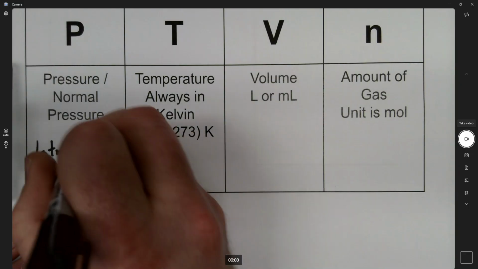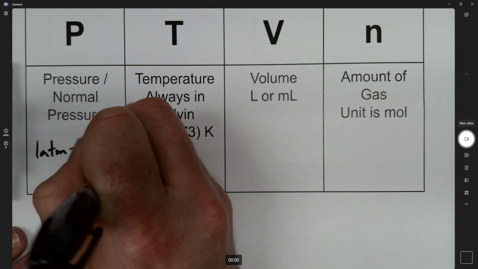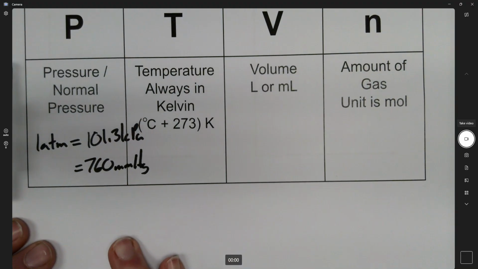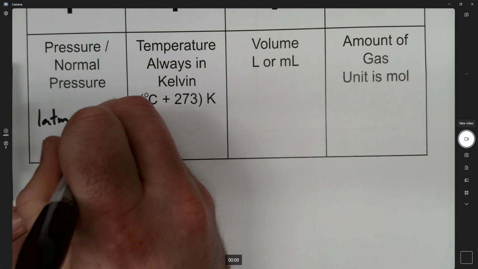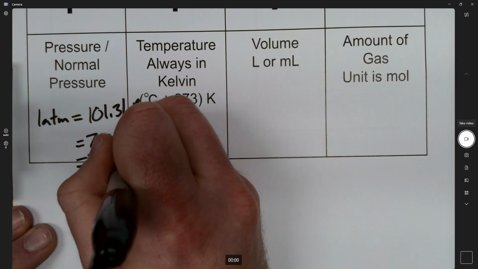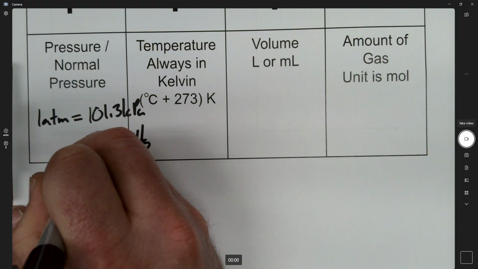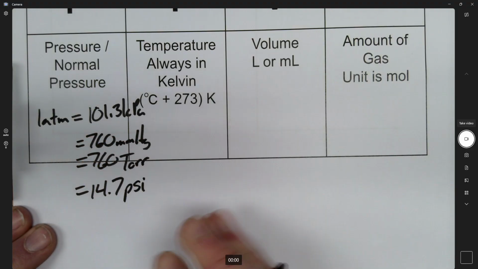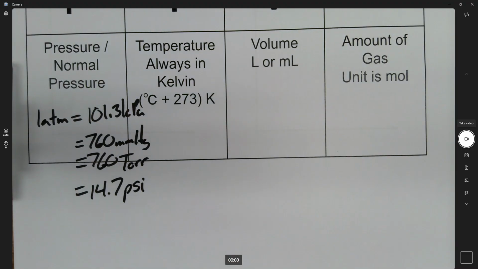We can also read it as 760 millimeters of mercury, 760 torr, and lastly, 14.7 psi.